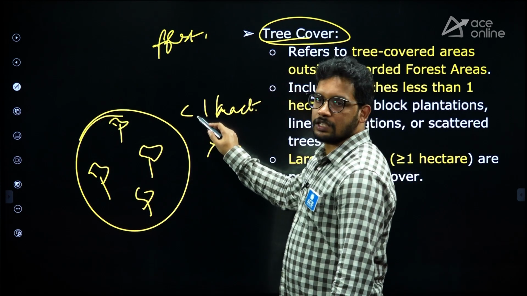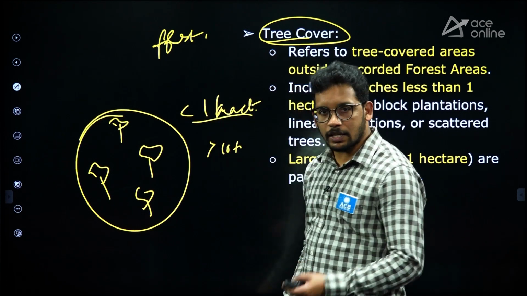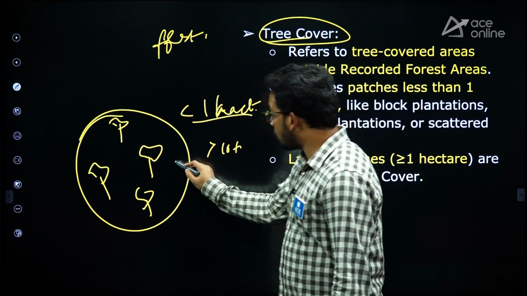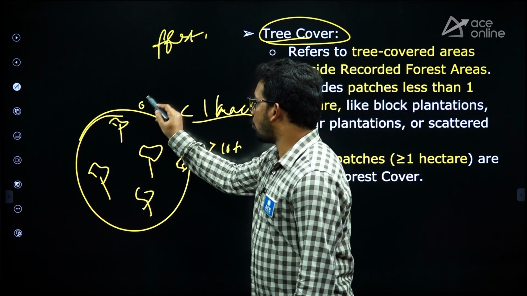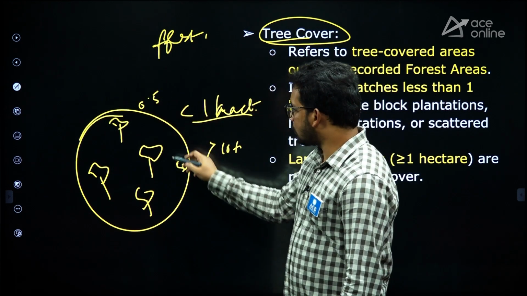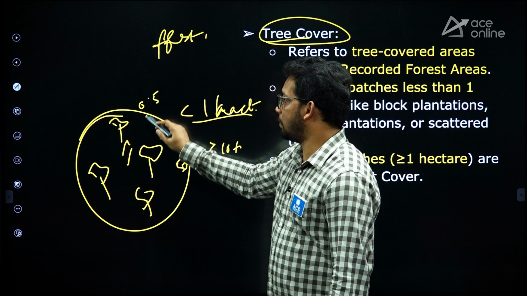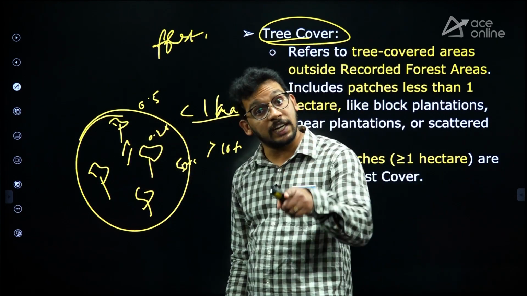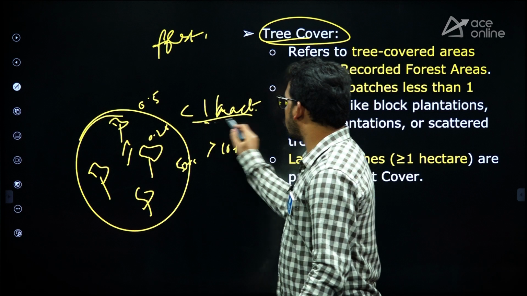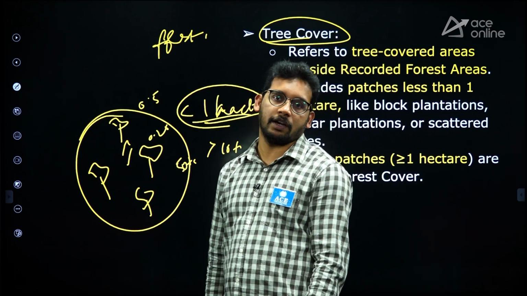So if either of the conditions is not satisfied, if the land is less than 1 hectare, but canopy is 50%, let's take an example. This land is 0.5 hectare, but out of this, 50% is occupied by canopy, that is 0.25 hectare is occupied with the green canopy, but still it is a tree cover because it is not satisfying the condition of more than 1 hectare, right?